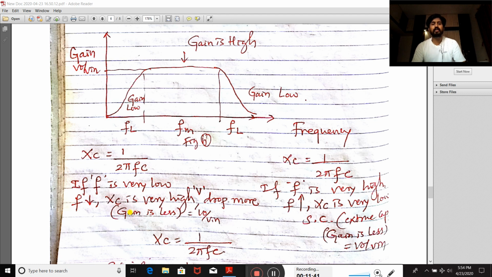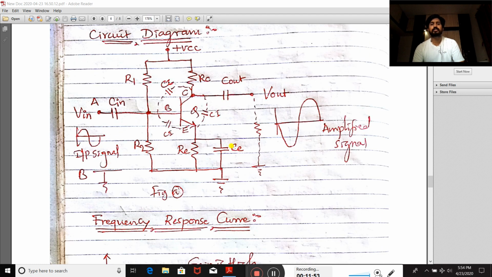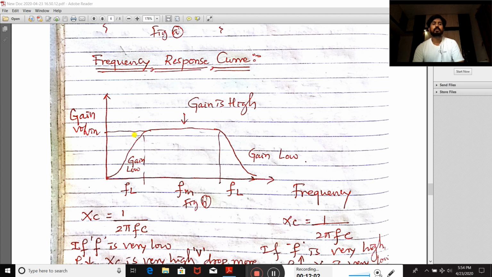As Xc is very high, that means the impedance is very high, hence it produces more voltage drop across the capacitor. When there is that voltage drop across this capacitor, the output side V0 decreases. As V0 is decreasing, V0 by Vin, that is gain, also decreases, so you are getting low gain at the output side.